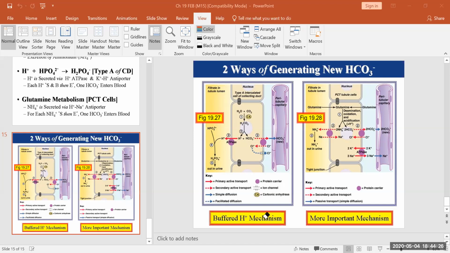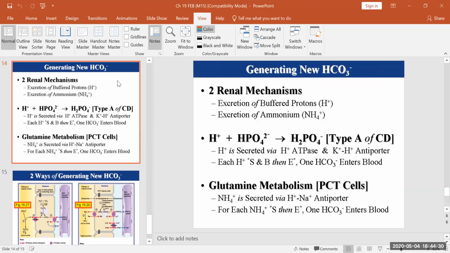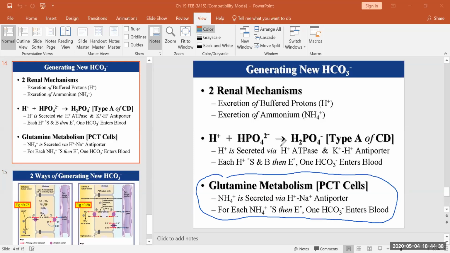Our last hope is the last mechanism, the glutamine metabolism. In the previous mechanism, type A of the collecting duct, the proton is secreted via proton ATPase. This is a primary active transport. Hydrogen potassium antiporter.